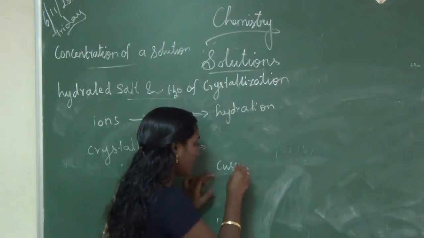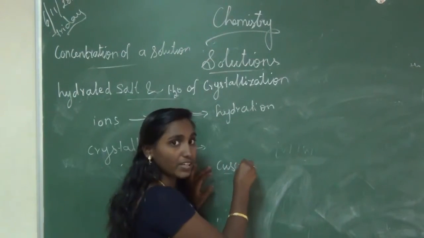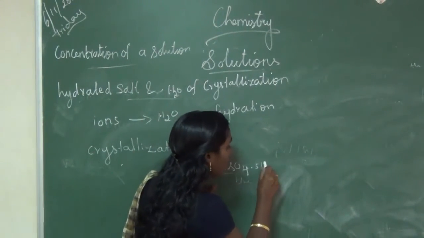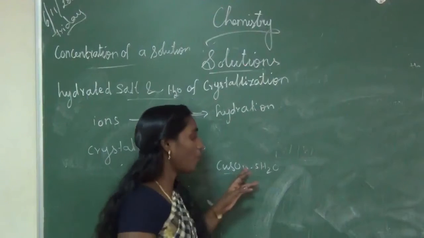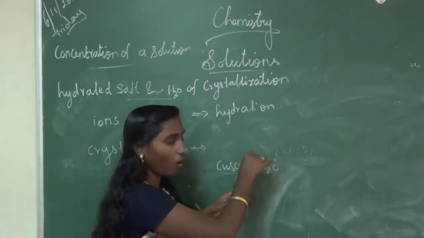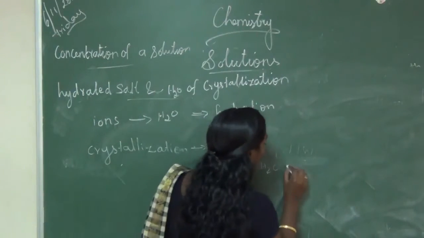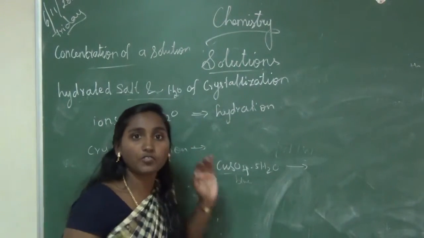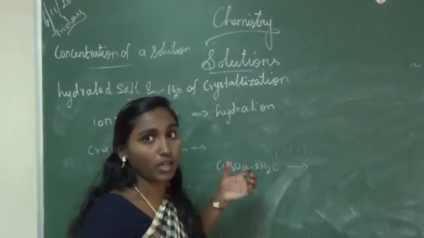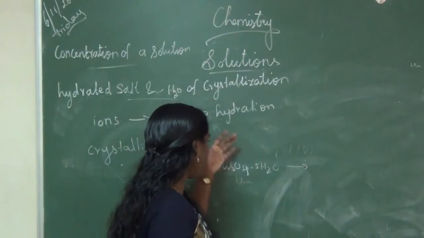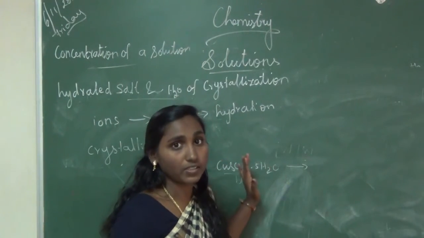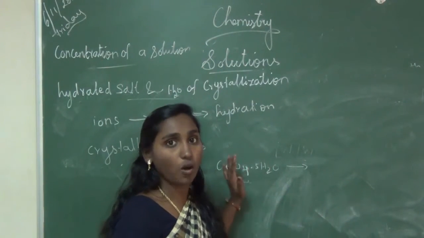When heating, this copper sulfate salt will lose its water molecules to form amorphous copper sulfate. Amorphous means powdered form, and it does not have water. So it will lose its water molecules to form amorphous copper sulfate, or we can say anhydrous copper sulfate.